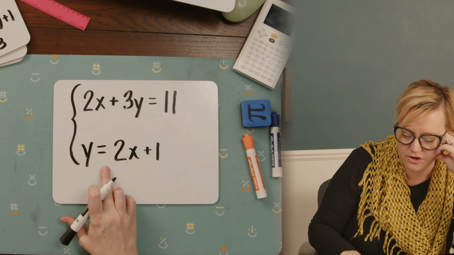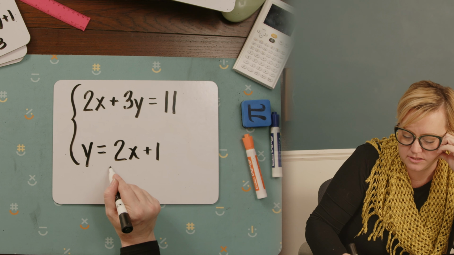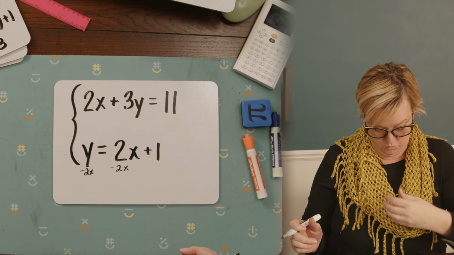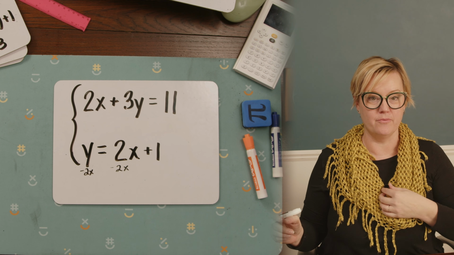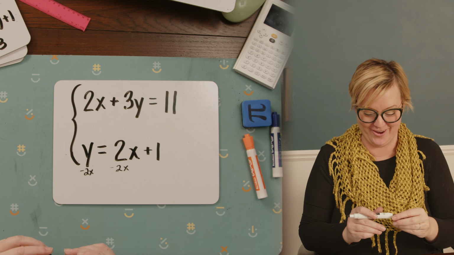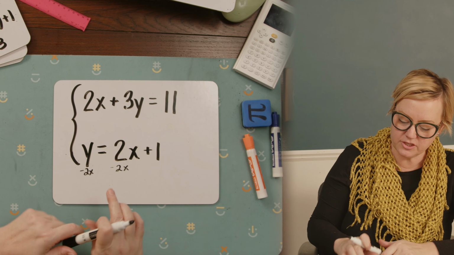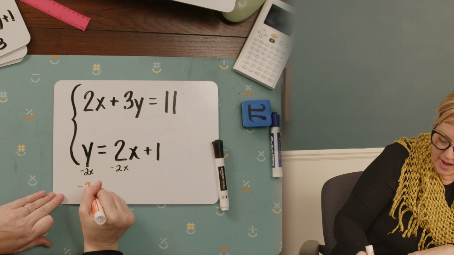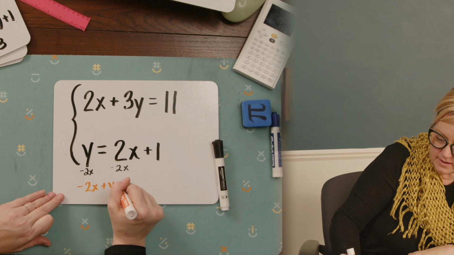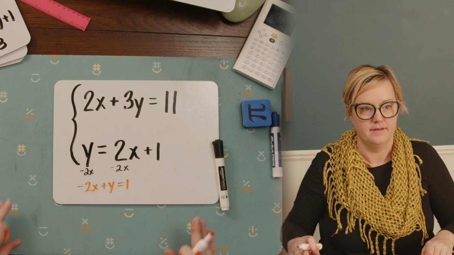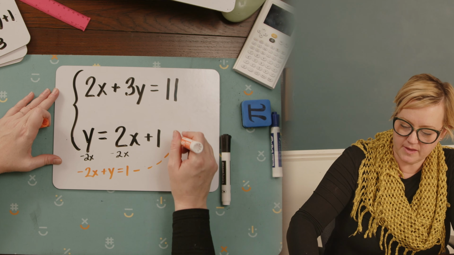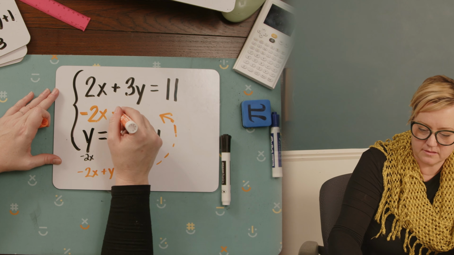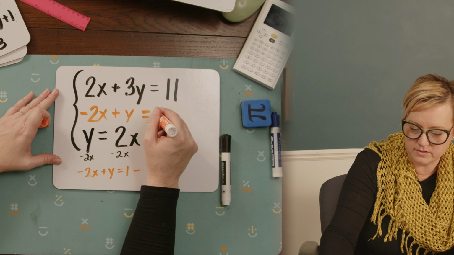What I'm going to do is subtract 2x from both sides here. So when I do that, I get negative 2x plus y equals 1. I'm going to rewrite it right here: negative 2x plus y equals 1.